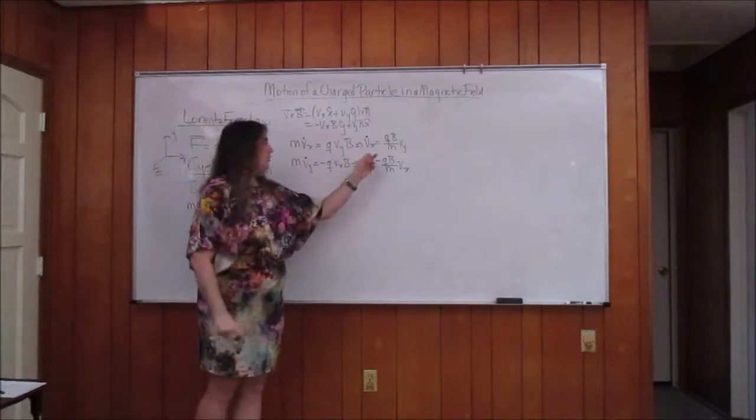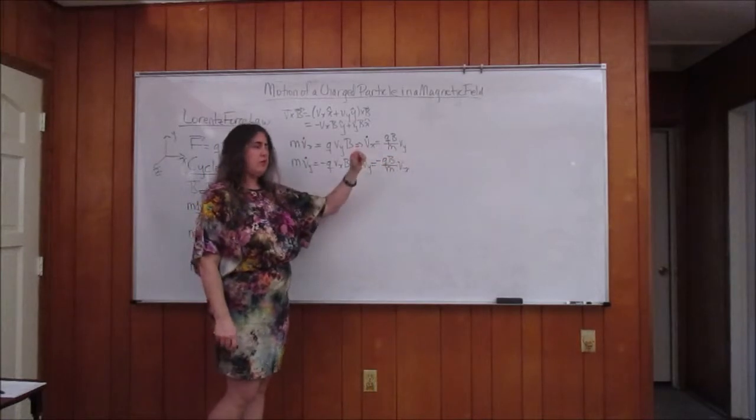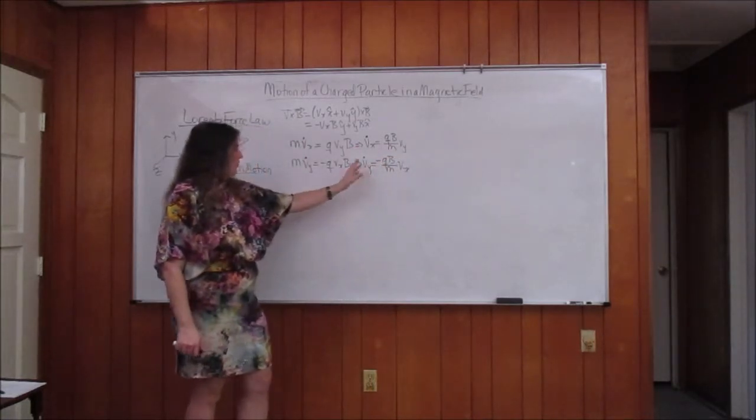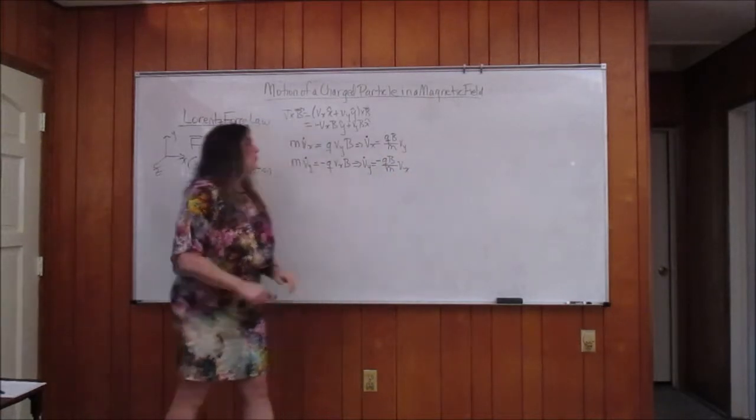So the derivative of Vx with respect to time is equal to QB over m times Vy, and the derivative of Vy with respect to time is equal to minus QB over m times Vx.